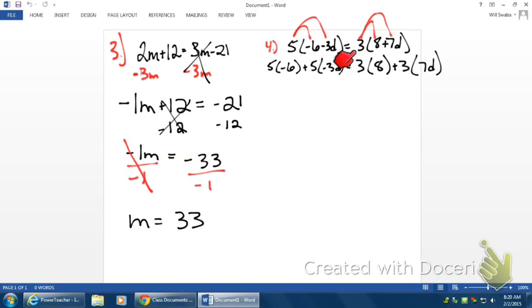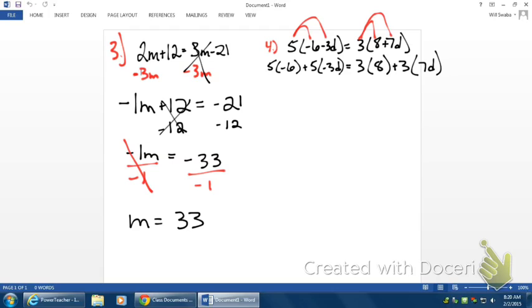If it was a negative 3, I would have a minus 3 times 70, and also a minus 3 times 8. So always keep the sign in front of it. And notice with this negative 6, just keep it the same, negative 6. A minus 3d, well, that's going to be a minus 3d. All right? That is a part that can be very easily confused.